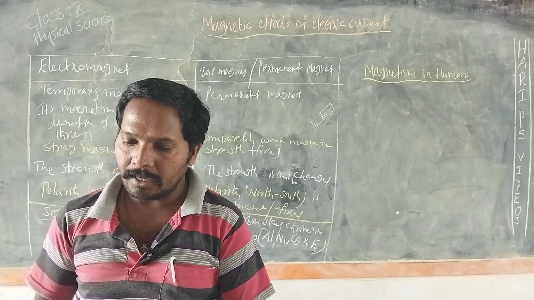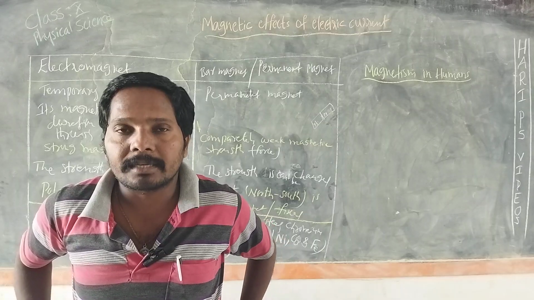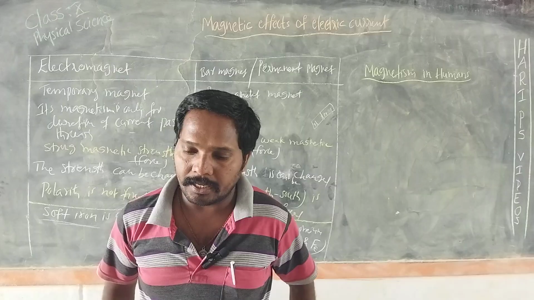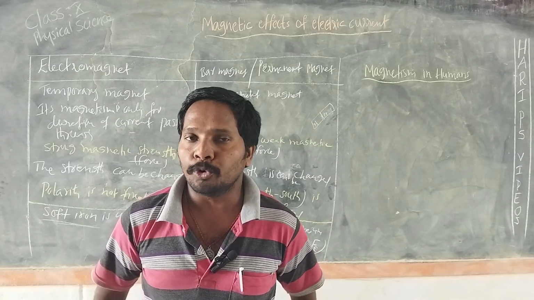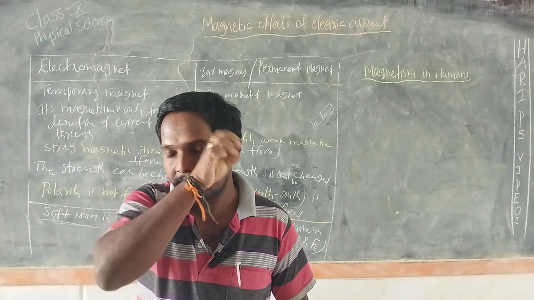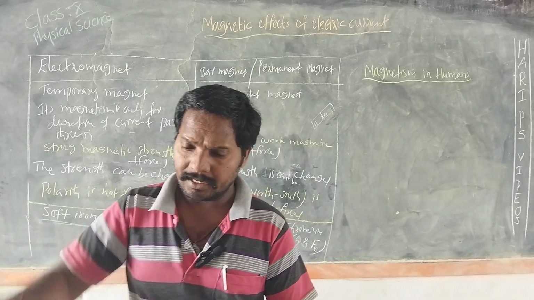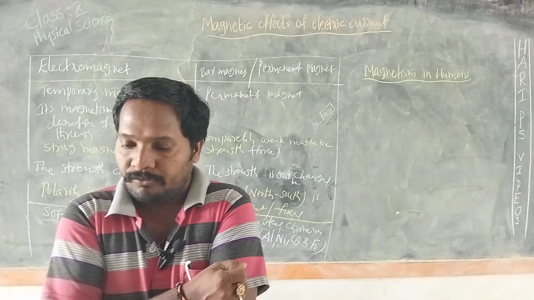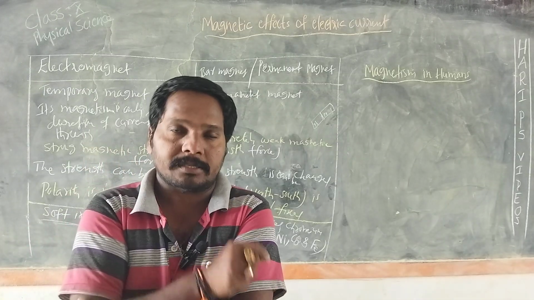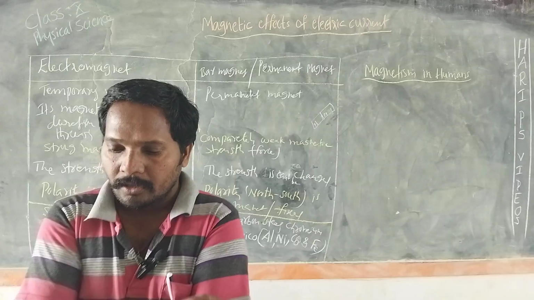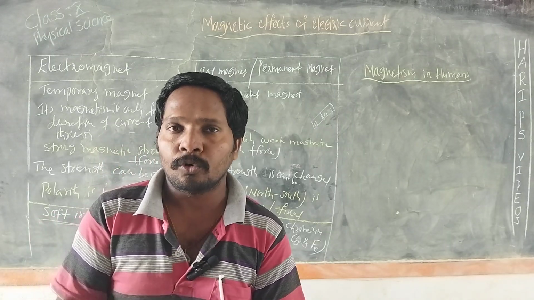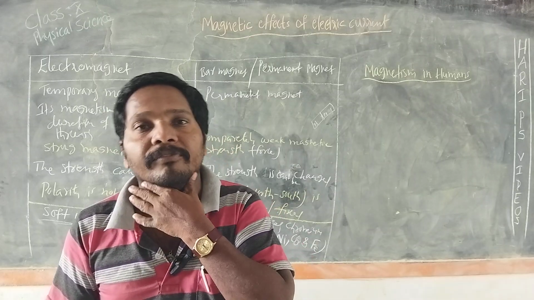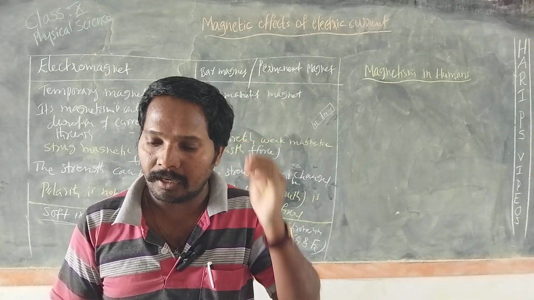Now we have studied that whenever there is an electric current, a magnetic field is produced. That is called the magnetic effect of electric current. So when the weak ionic current flows along the nerve cells, it produces a magnetic field in our body.